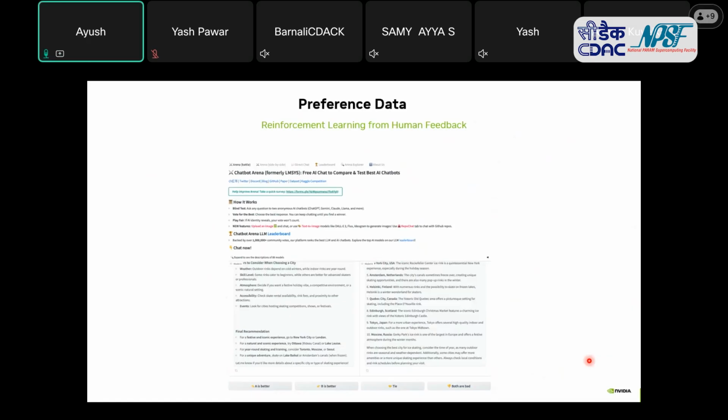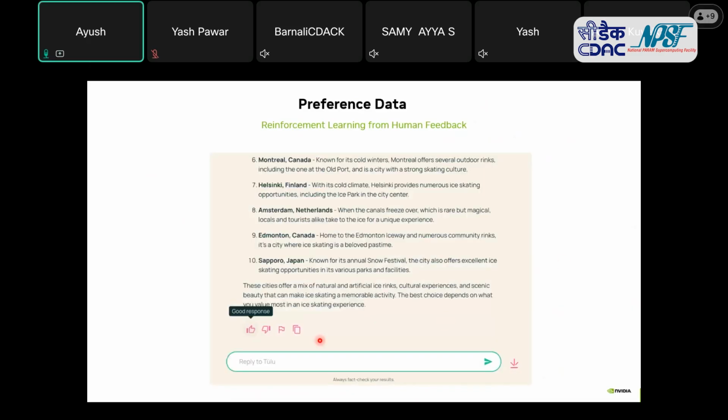So as time went on, these models gained an edge over newly developed models because they have more preference data, more information about how users interact with their models. Again, this is good response, bad response, flag, and so on, another example of how these companies collect data.